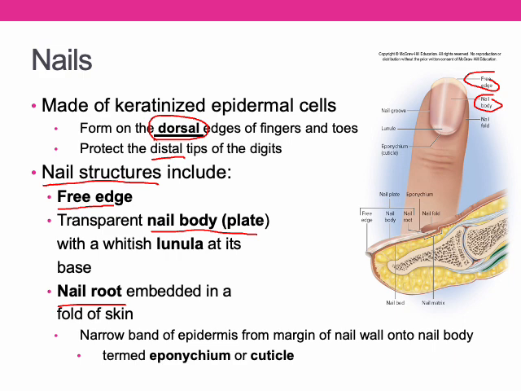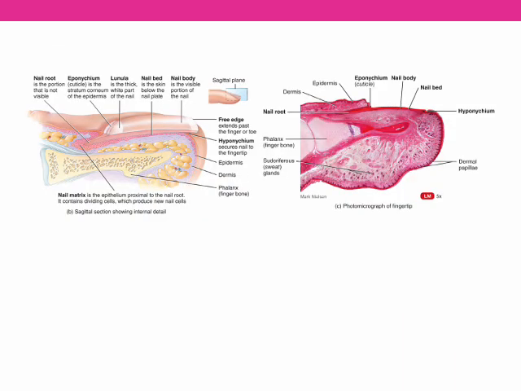On the nail body, you can see a white crescent called lunula, and it's at the base of the nail. The root of the nail is covered by a band of skin, and this band is known as the eponychium or cuticle. And here is a sagittal cut of the finger.